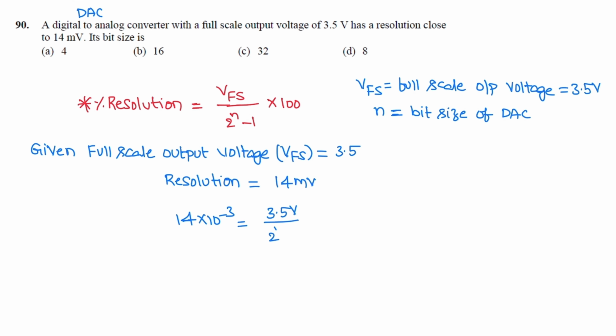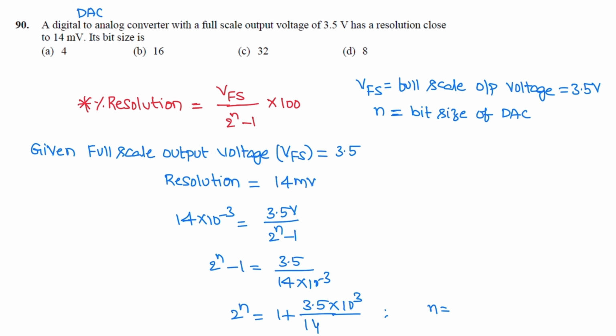So 2 power n minus 1 is equal to 3.5 by 14 into 10 power minus 3. That is, 2 power n is 1 plus 3.5 by 14 into 10 cube. On substitution, the value of n is 8. The correct option is D.